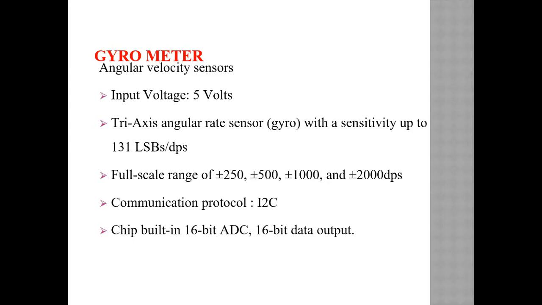So gyrometers are used to compute angular rate. Angular positions are controlled with different angles, so that I can get the velocity from that.